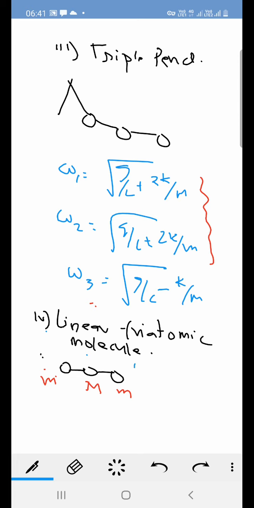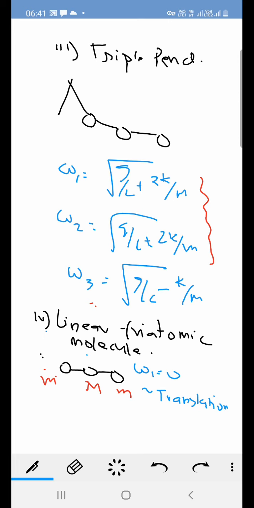One is omega 1, which will be equal to 0. Now this frequency actually indicates translatory motion. Translations are involved in it, and it is not associated with oscillations.